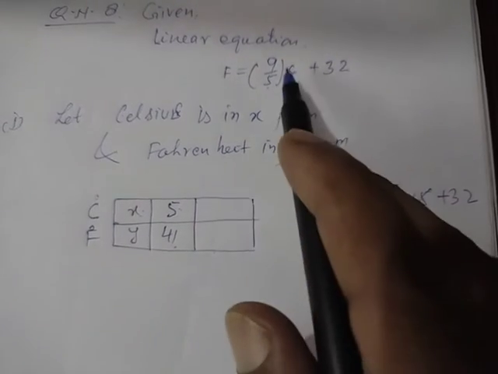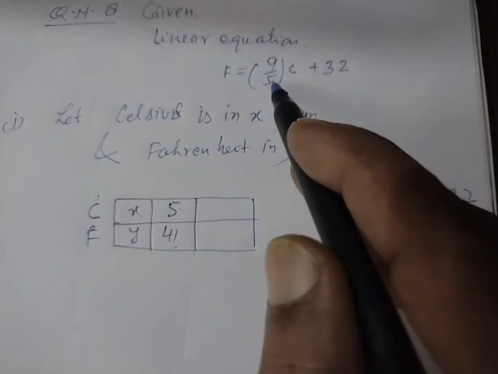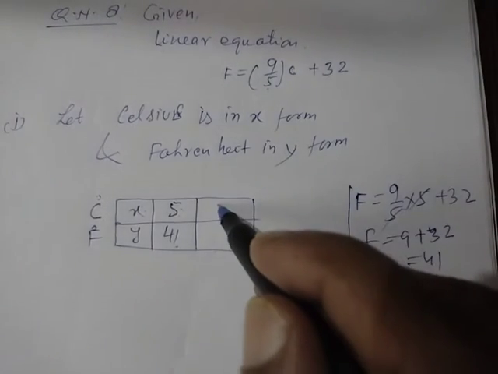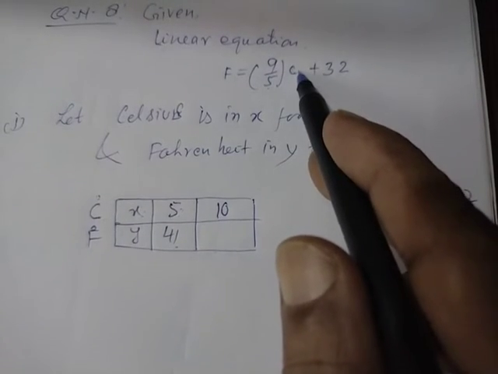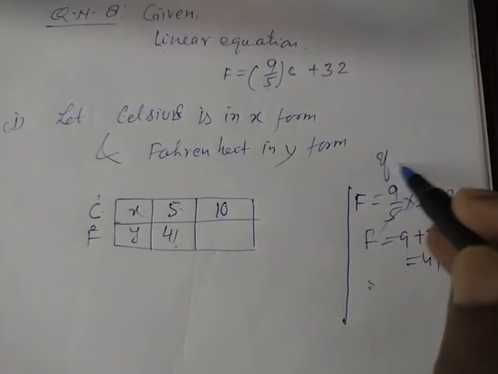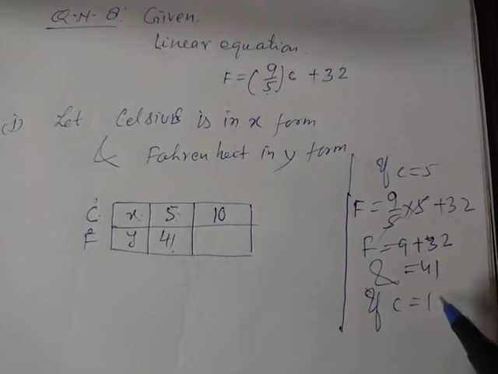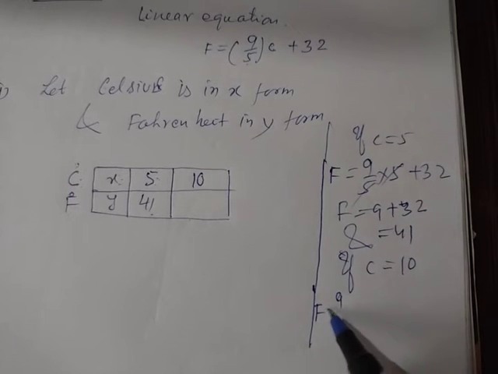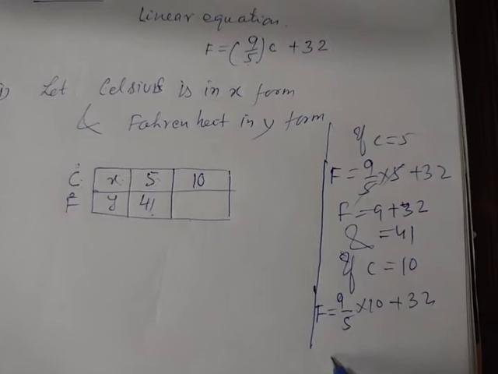Okay student, now next you see, if you take Celsius scale as 10, the value of C is 10, then you put F is equal to 9 upon 5 into 10 plus 32.